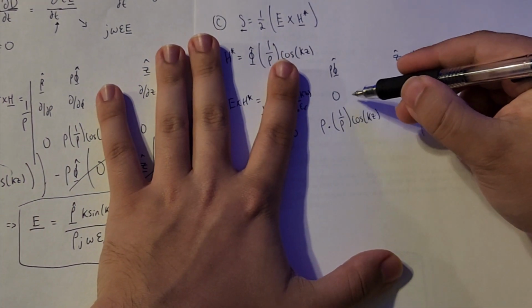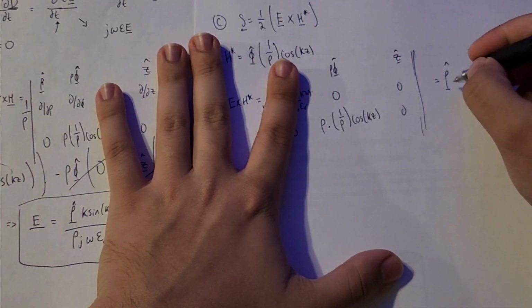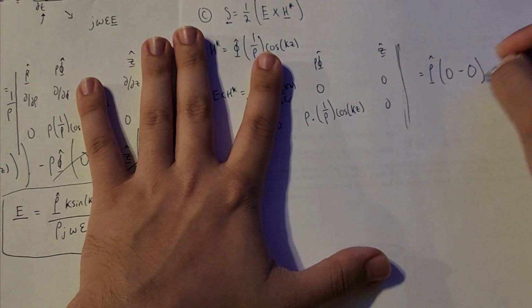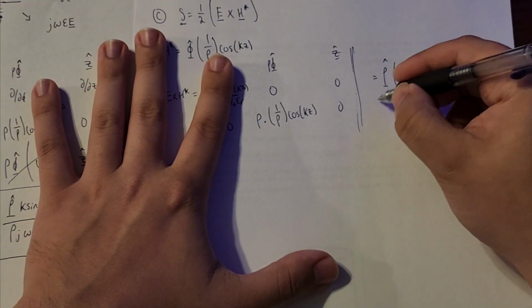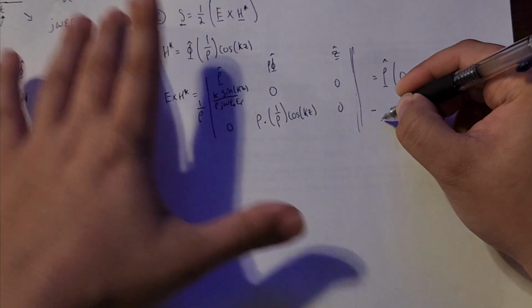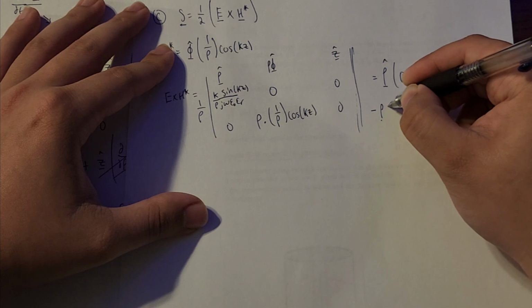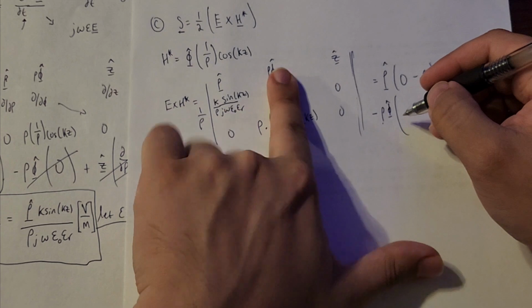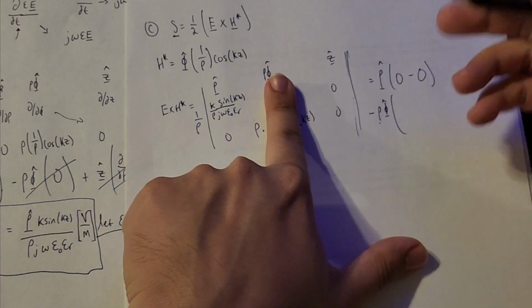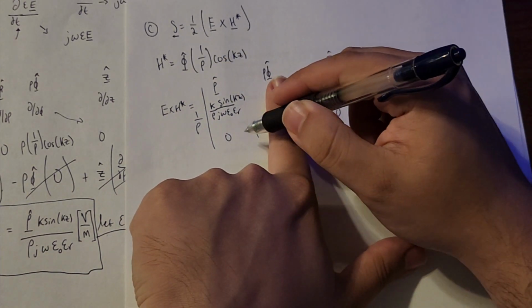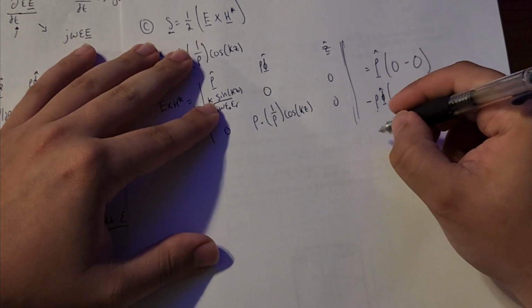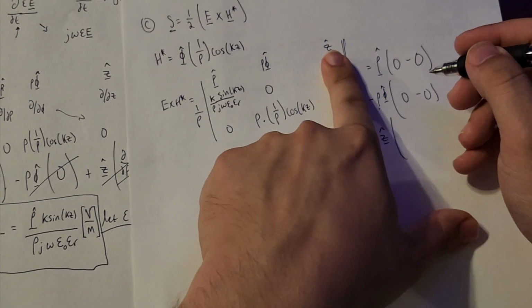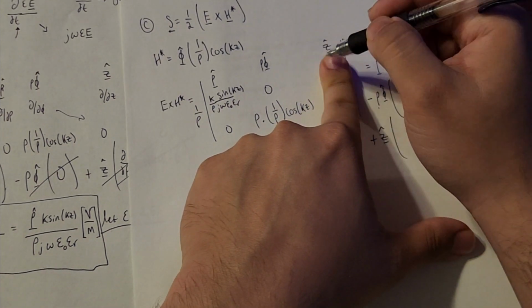Cover this. We have 0 times 0, so that's 0, minus 0 times whatever this is, that's still 0. So we have no rho component. Minus our rho phi hat component. Let's cover this. This times this is 0, minus this times that is 0. That's 0 still. Plus z component. Let's cover this here. We have z component.